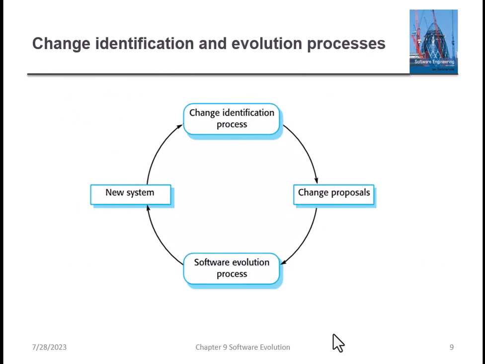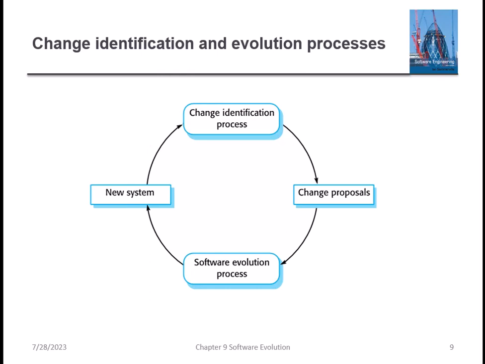Change identification and evolution. For the evolution process, first we must identify the changes: in which feature we have to bring changes, in which module we have to bring changes, and what type of changes we need.